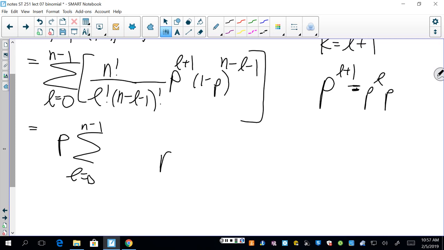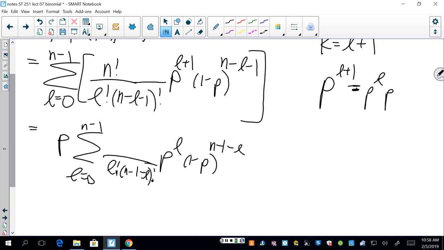So you can write p to the L, and then 1 minus p, I'm going to reverse it, n minus 1 minus L. That's okay, right? And then over here in the denominator, we have L factorial, n minus 1 minus L factorial. And so that n factorial, well, with our binomials, usually when we add these things together, it gives our total sample size, right?